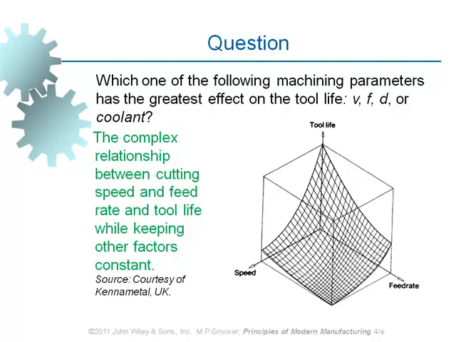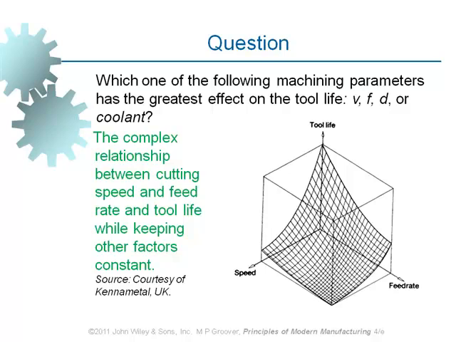Look, if cutting speed increases, this is representing the tool life. The tool life is decreasing significantly. If we increase feed rate, that also reduces the life of the cutting tool. However, the impact of this one is greater than the feed rate. And the other two parameters, which are cutting depth and also coolant, they will have an impact as well.